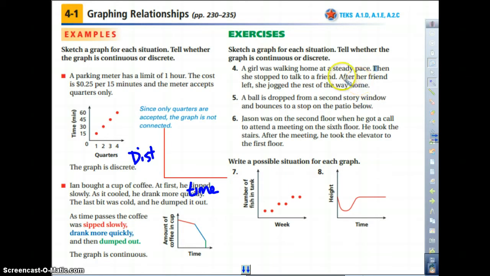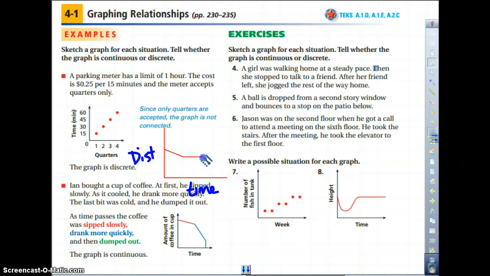If she's walking home, she's decreasing, and she's going at a steady pace. So that means the line's got to be, let me do the line. She's walking at a steady pace, so the line's going to be straight, like that. Then she stopped to talk to a friend. What happens to our line?